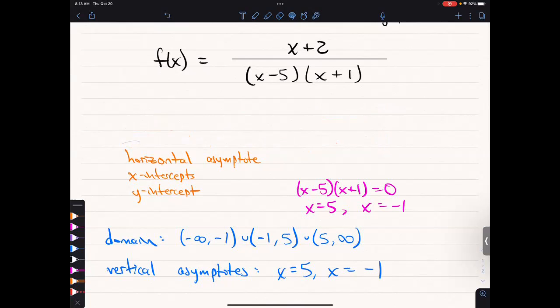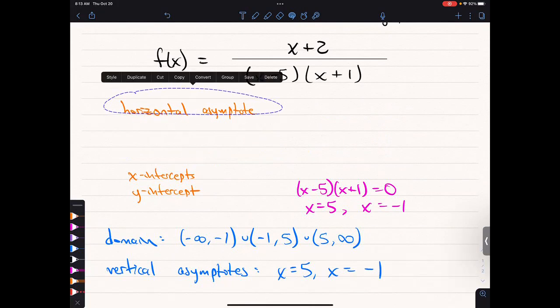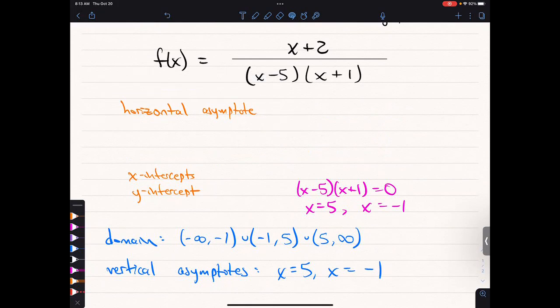Next thing, end behavior. How do we figure out if there's a horizontal asymptote and if there is, where it is? The degree of the top and the degree of the bottom, right? Horizontal asymptotes are talking about end behavior, what happens out there, not in the middle.